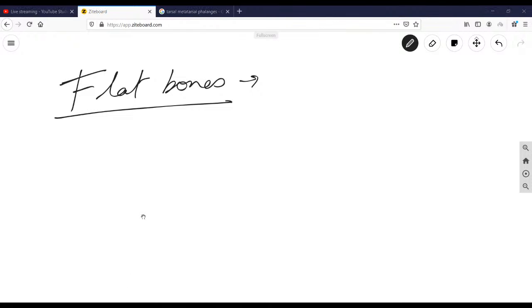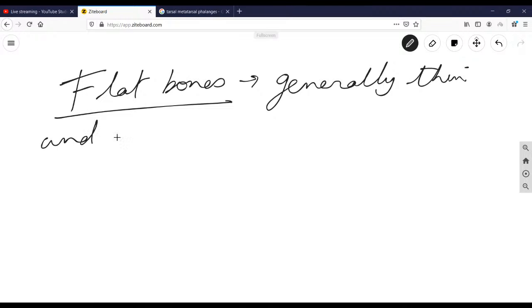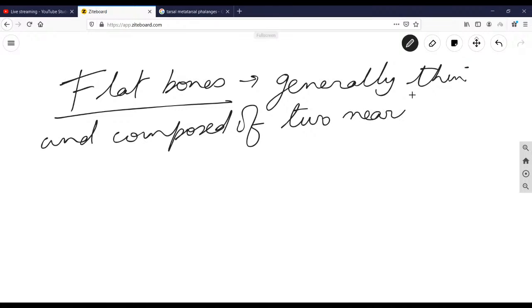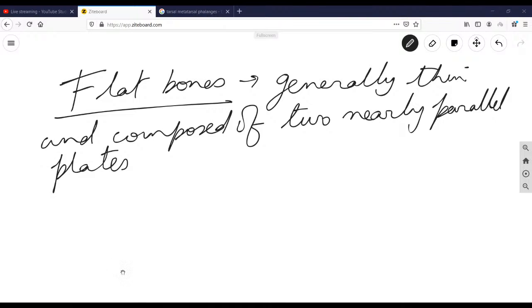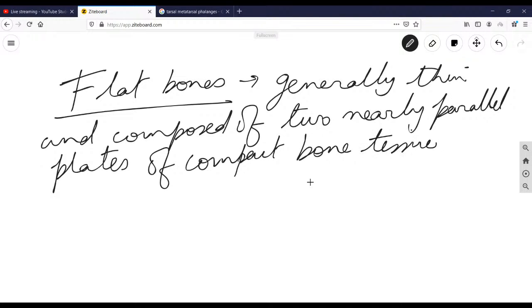What are flat bones? Flat bones are generally thin and composed of two nearly parallel plates of compact bone tissue enclosing a layer of spongy bone tissue.